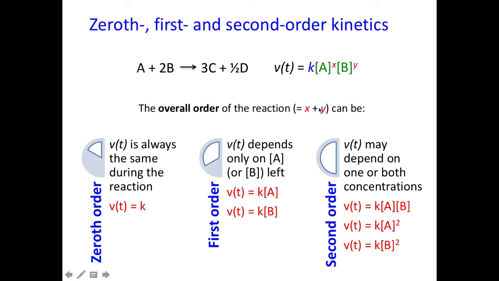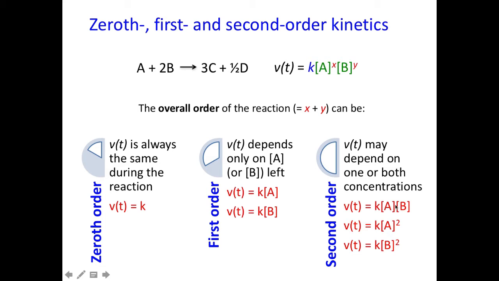Now, x plus y could be 2, for instance. There are many other possibilities here. I'm just showing some of them. So in this case, if x equals 1 and y equals 1, we would have the first case. So the global order, the overall order, is 2. So I have a second order reaction. But the order of this reaction with respect to A is 1.